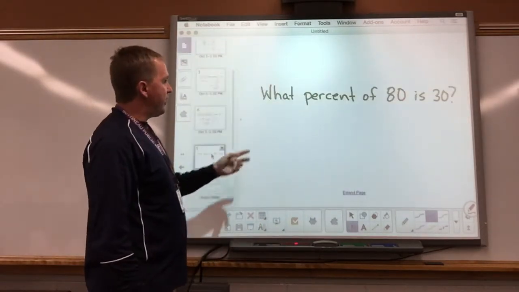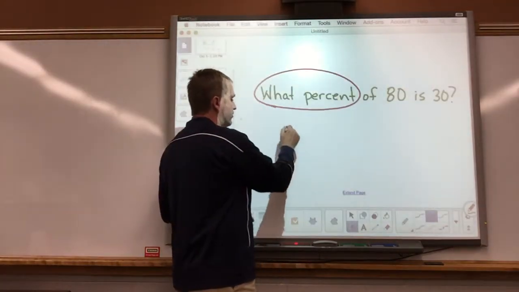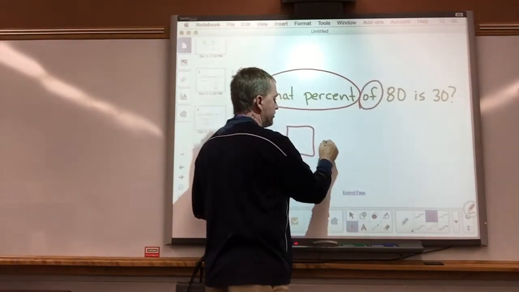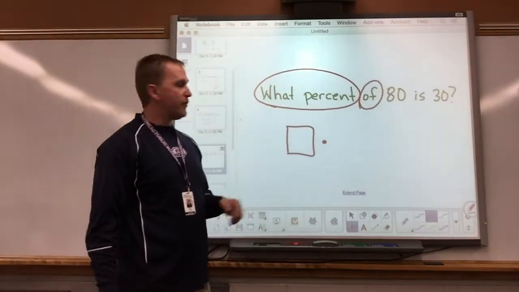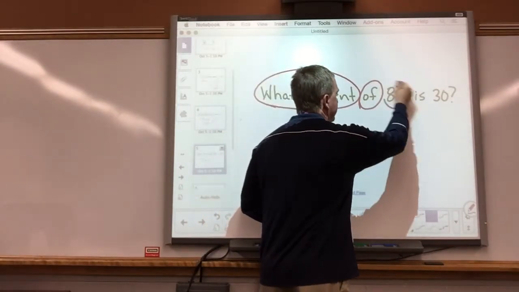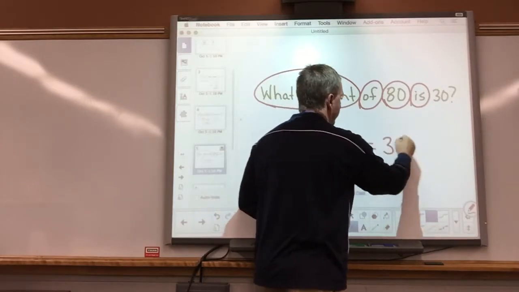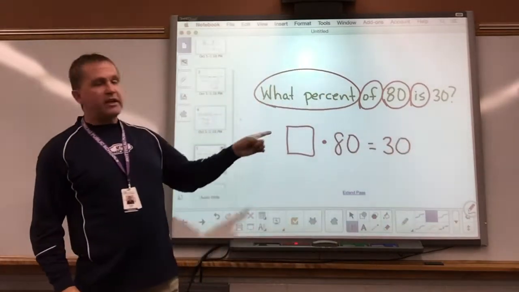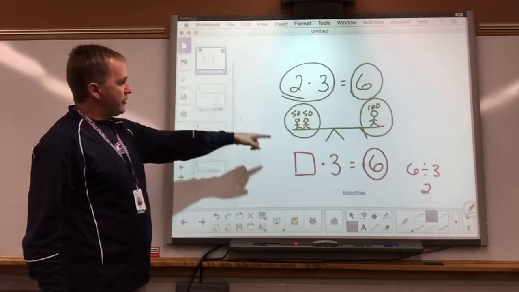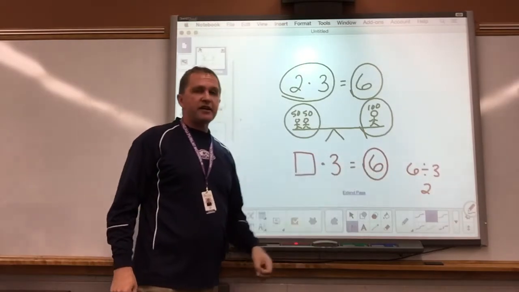The last problem I have now says what percent, and again, because I don't know that, that's going to be my empty box. Of, again, trying to get you guys to remember that of means multiply. 80 is, I guess I can circle that as well, is means equals in mathematics, and we have 30. I believe this problem is almost identical to the problem we have here. Something times 3 is 6.